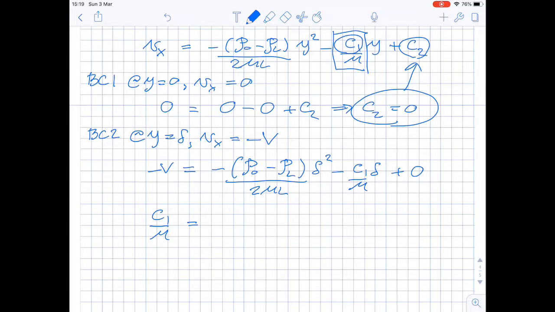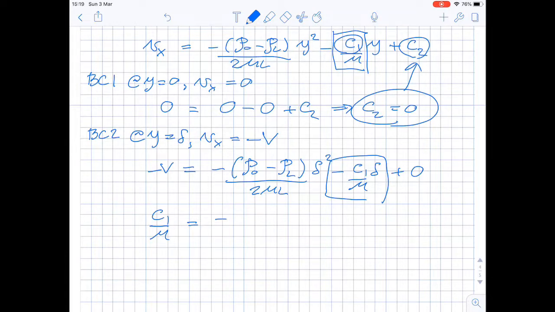So C1 over mu, just move the whole term here. Put this term to the left hand side and rearrange the equation.